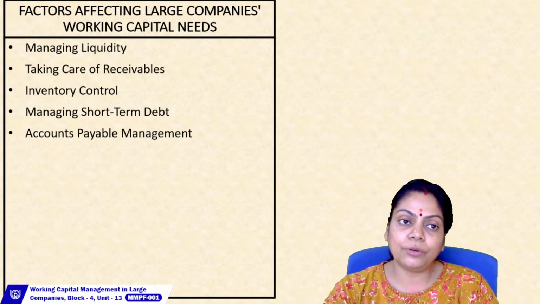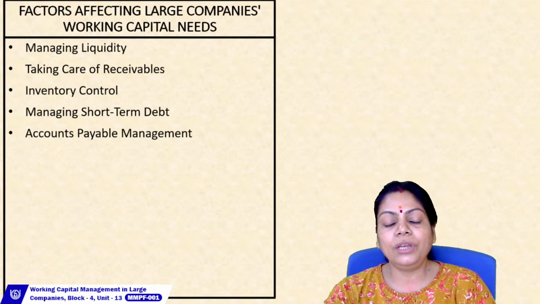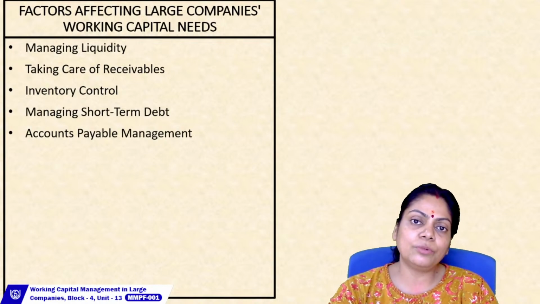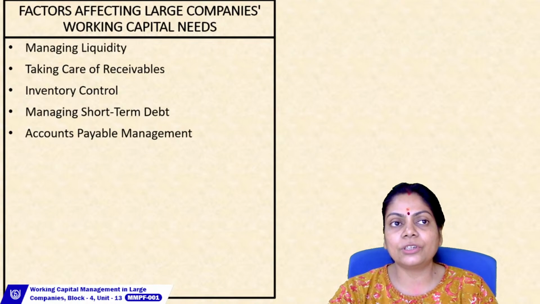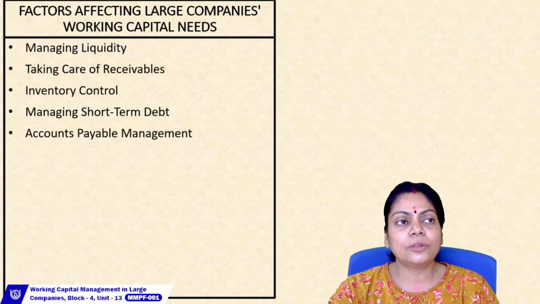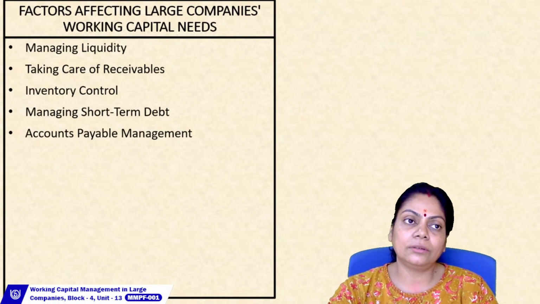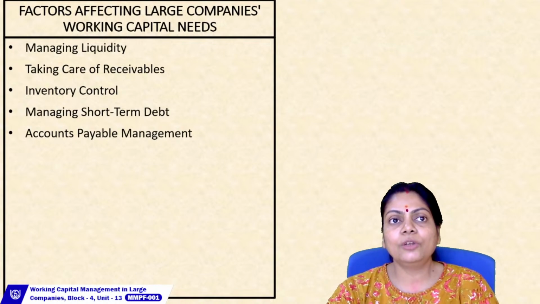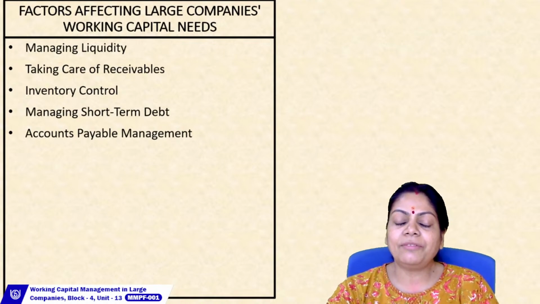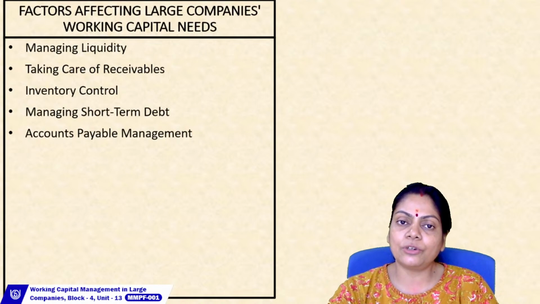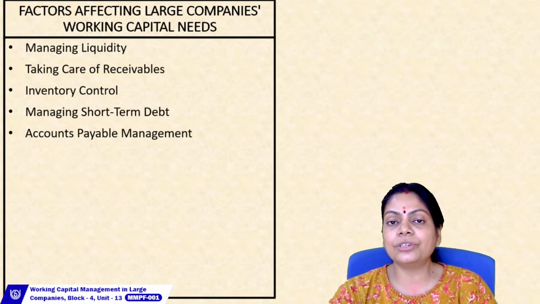Usually we categorize the customers into various groups: group A, group B, group C, group D. Suppose for group A, we give them an unlimited amount of credit, whereas for group B credit will be available but with some constraints or terms and conditions.